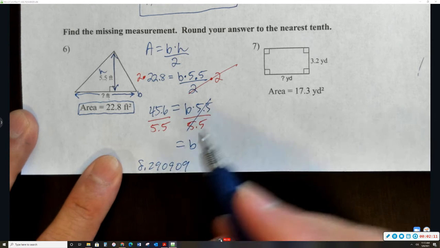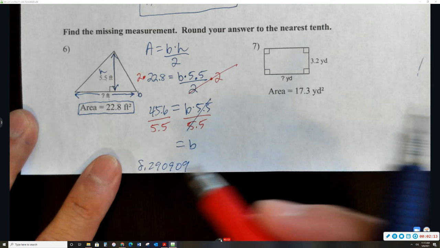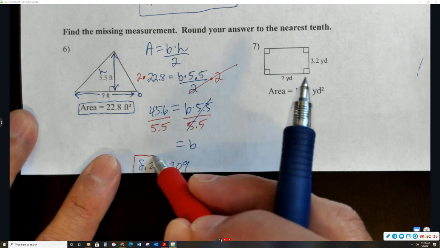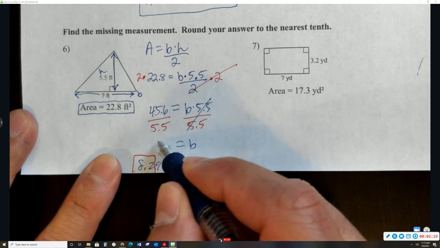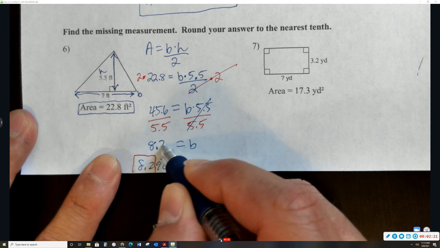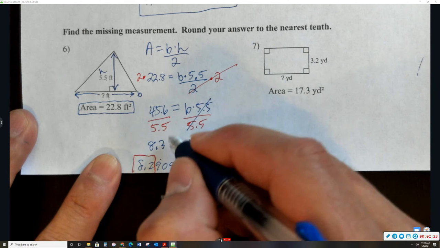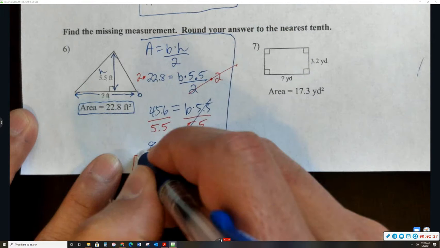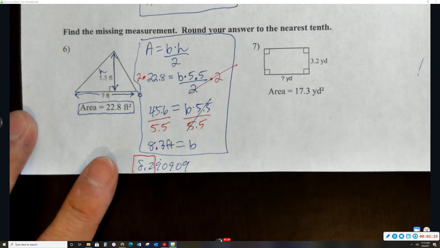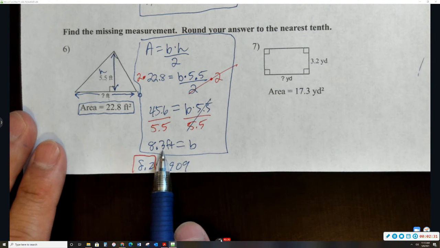But again, because we're rounding to the tenths place, you guys can see that. That's the tenths place, so the 9 is going to bump that 2 up 1. So I'm going to say it's 8.3, and the units is feet. Okay, so the base is 8.3 feet.